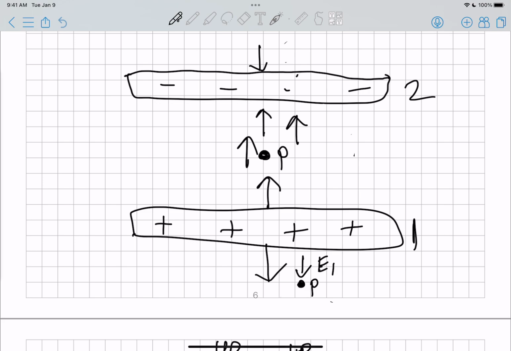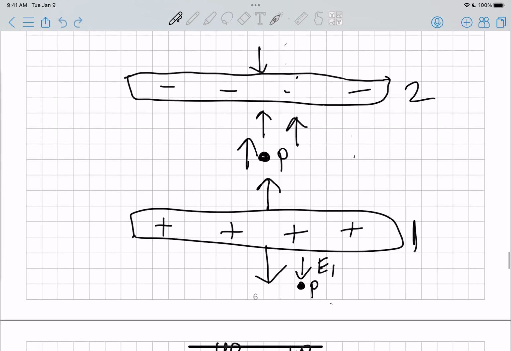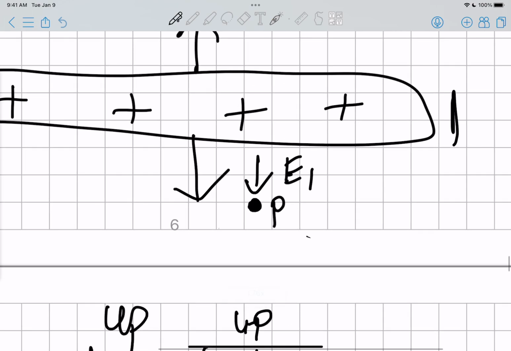So if you look at the equation for the electrostatic force that factors in the electric field, you'll notice there's no absolute value sign around E. So, like I said, if I had an example where point P was down here, I would have to find out what E net actually is and then plug it into my equation.